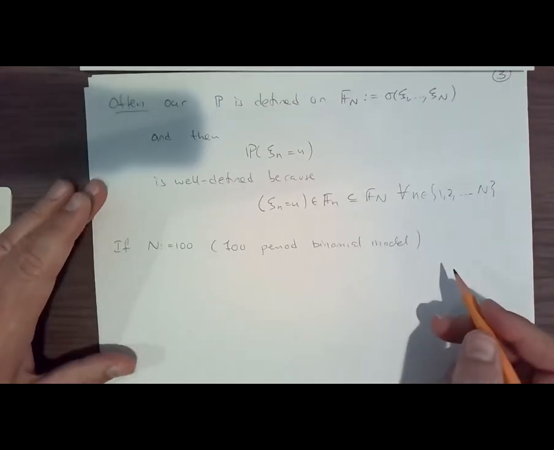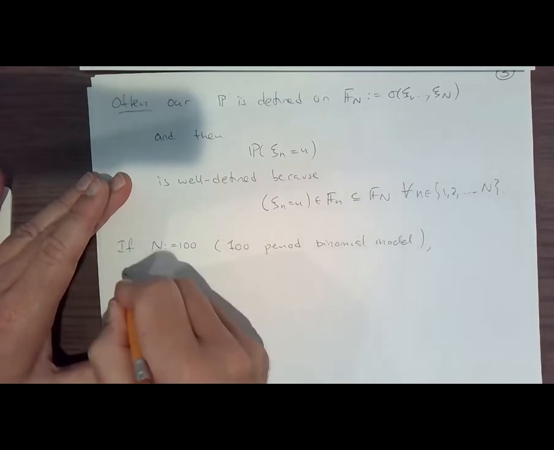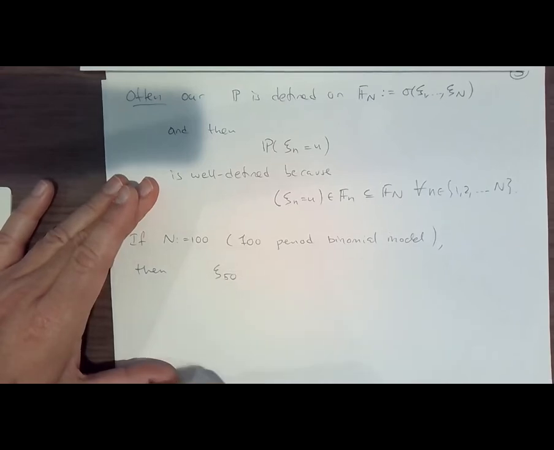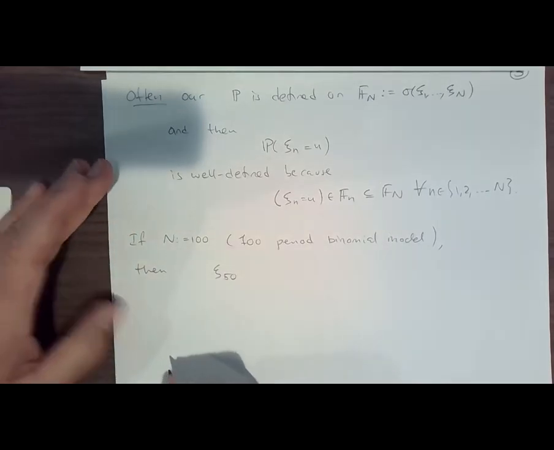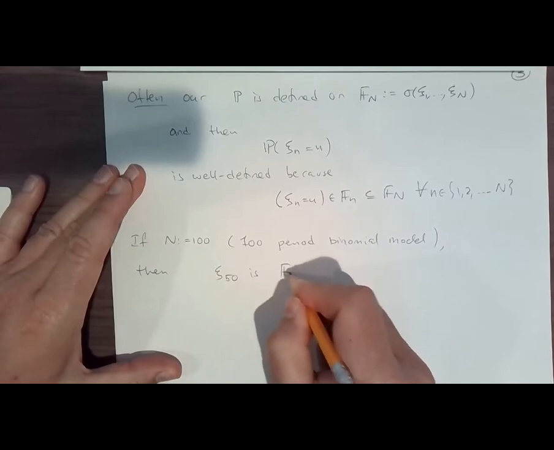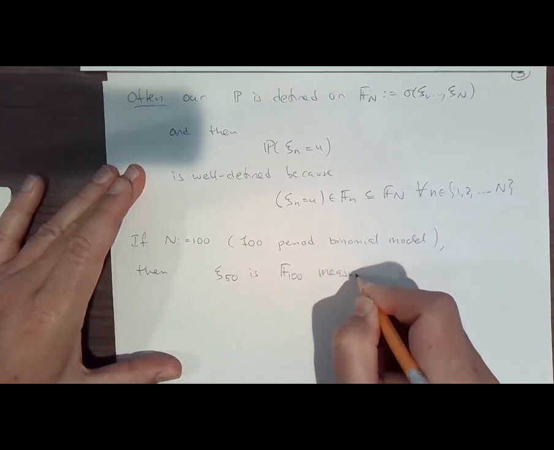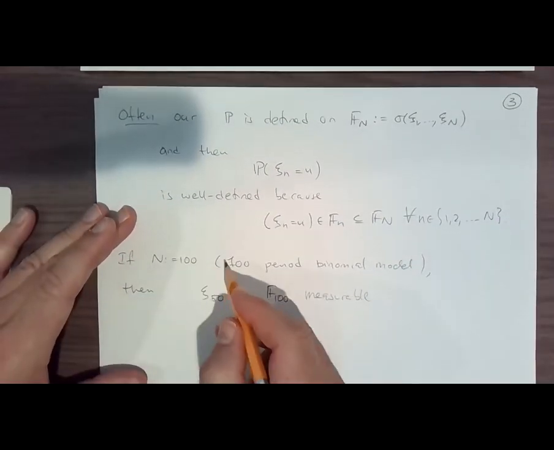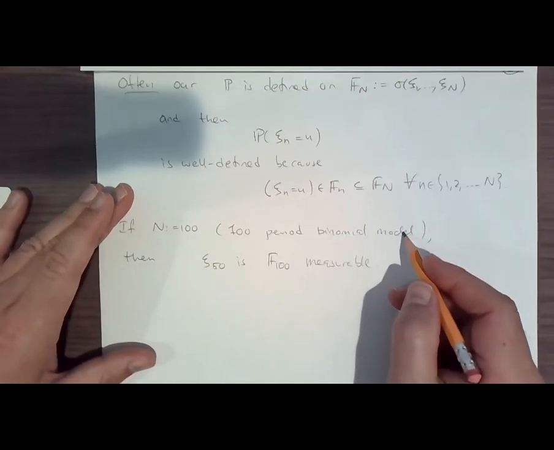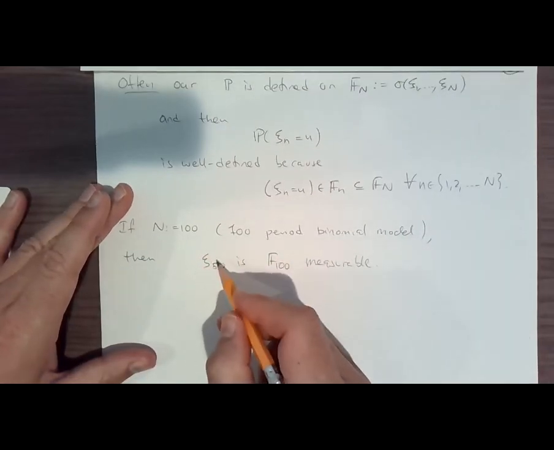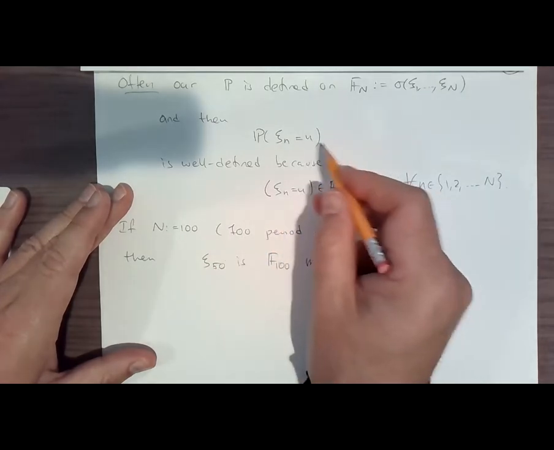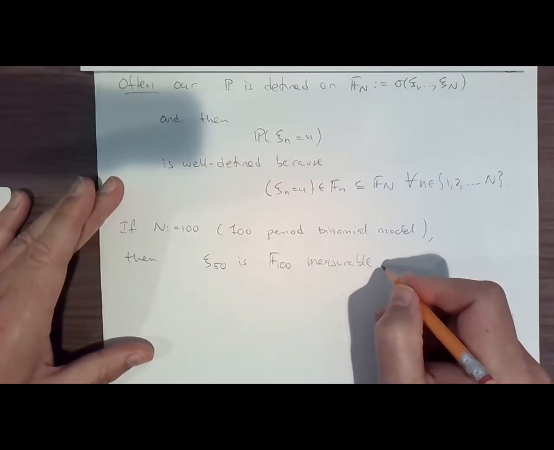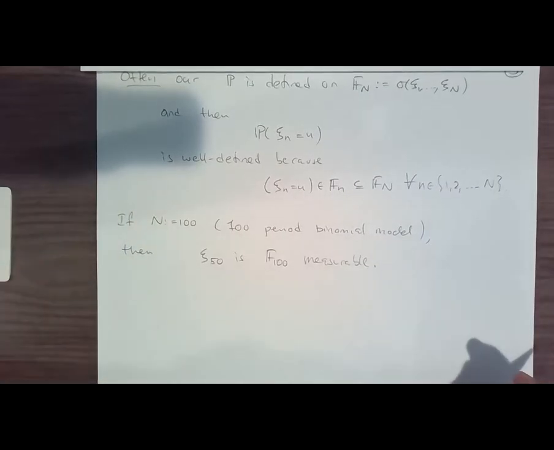If I look at psi 50, the 50th coin flip, this is F100 measurable. So if I have a measure defined all the way out to the end, I can talk about the probability that the 50th coin flip takes values U and D. Any questions on this?